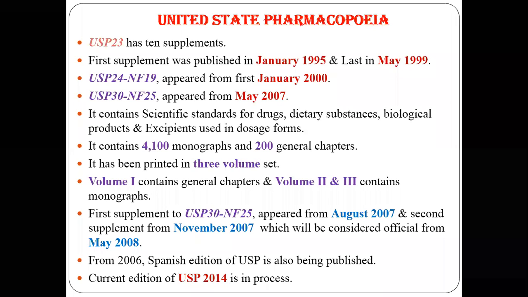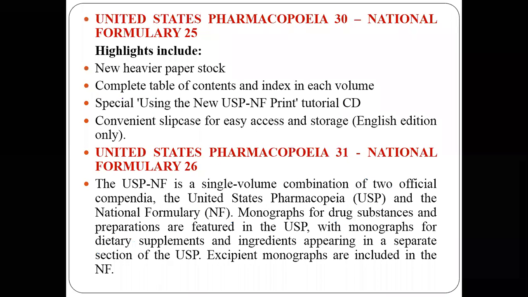Generally, it is printed in 3 volumes. The United States Pharmacopoeia 30 and National Formulary 25 included new heavier paper stock, a complete table of contents, an index in each volume, and a tutorial CD.